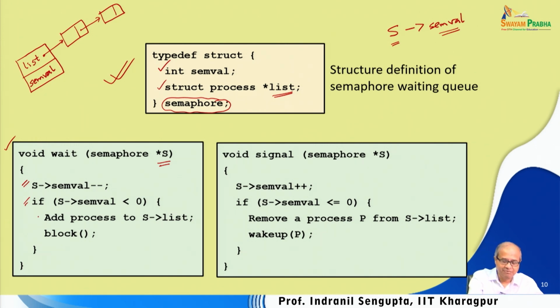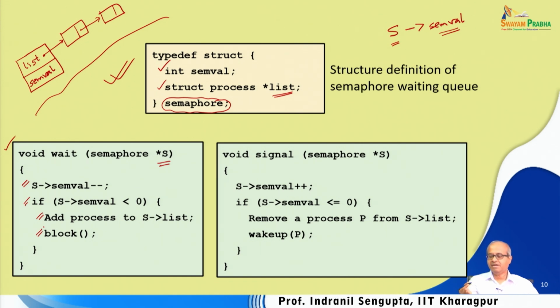First, you add the process to the semaphore waiting queue, this S list that I have shown here. Then you call the system call block, which will move the currently running process from running to blocked. So, now the process has blocked, and some other process will get a chance to run.